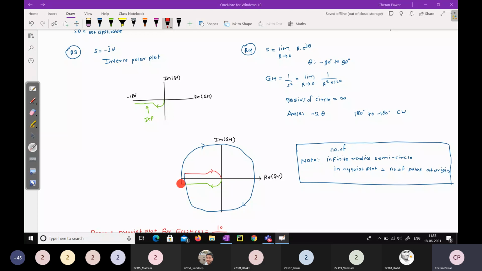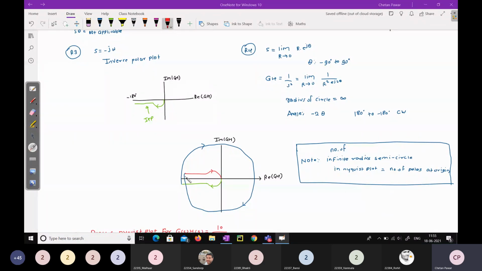So you will start drawing that infinite radius semicircle like this, and this semicircle will end at minus 180 degree. That point will be the starting of the polar plot. These 2 points will be very close to each other, but I just want to show you where it ends.